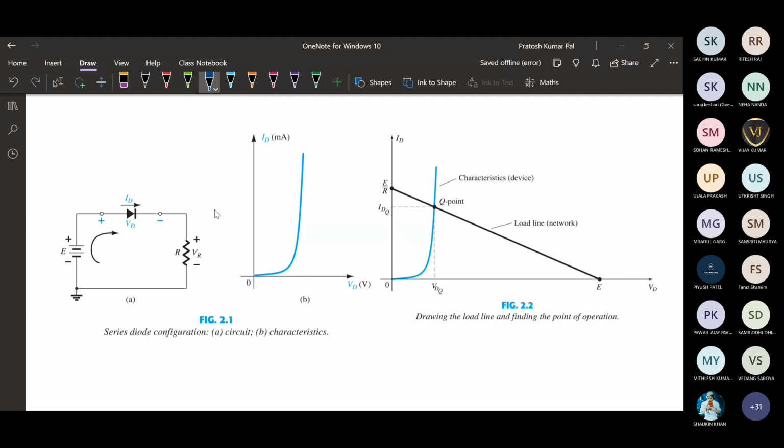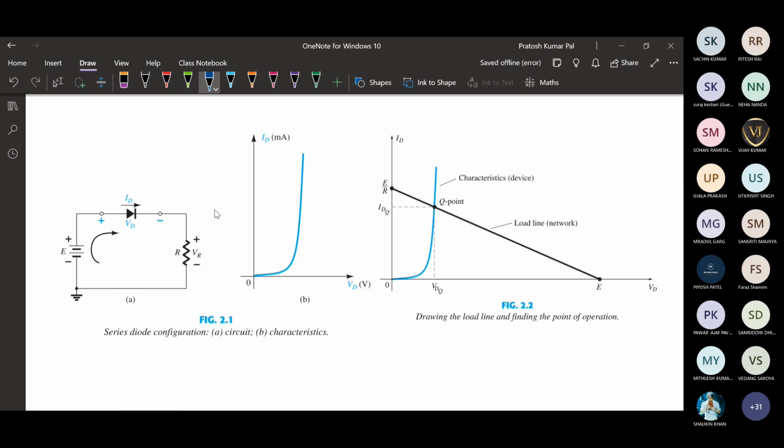The current flowing through the diode and the voltage across the diode basically define the diode characteristics. But if we analyze the complete network, a voltage source is there, the diode is there, and along with that a load resistance is there. In that case we will analyze this complete circuit.